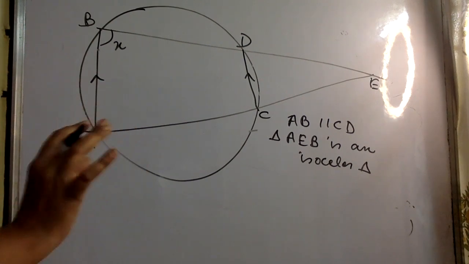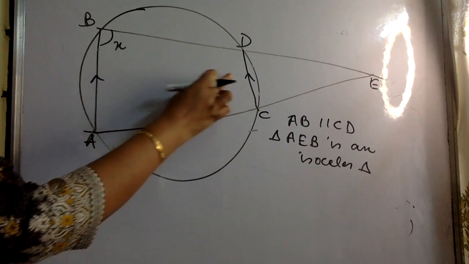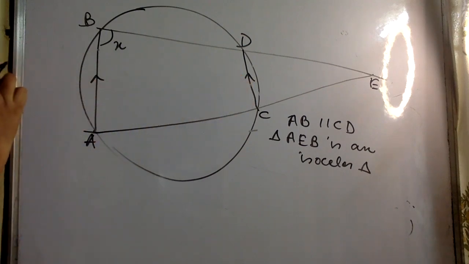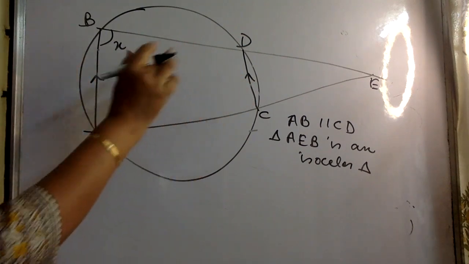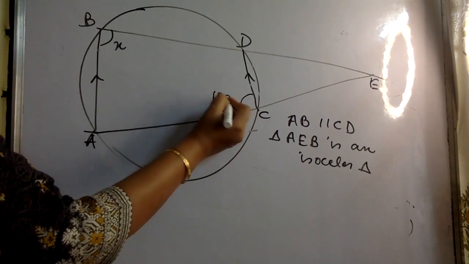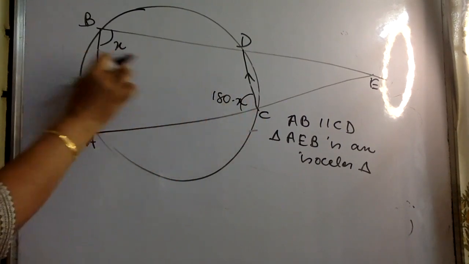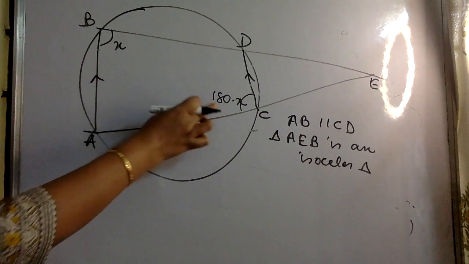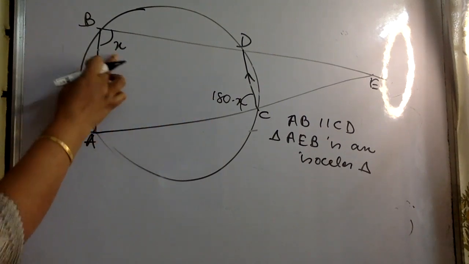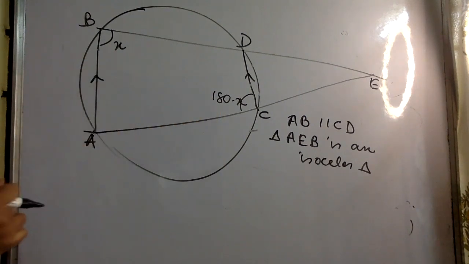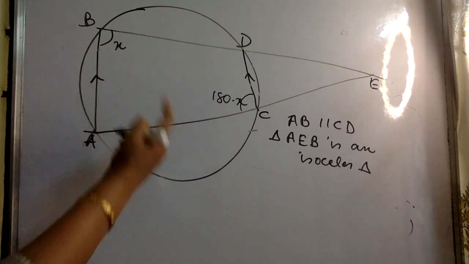Very simply, if this line is parallel to this, and it is also a cyclic quadrilateral, I can see this is 180 minus x. From the property of cyclic quadrilaterals, opposite angles are supplementary.